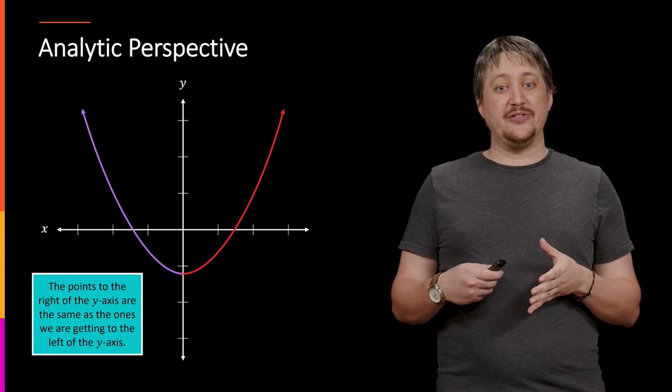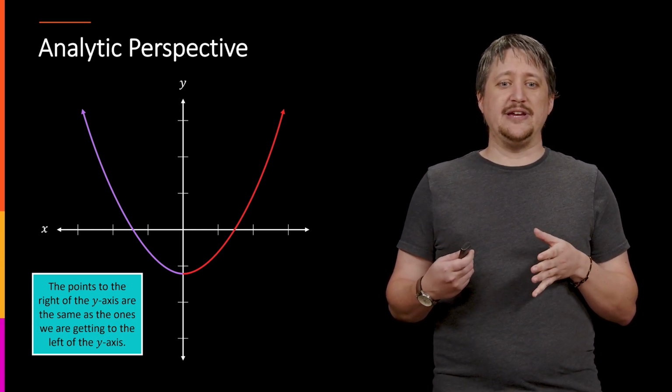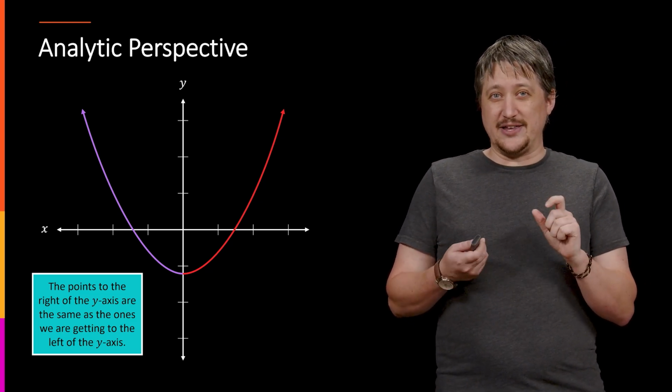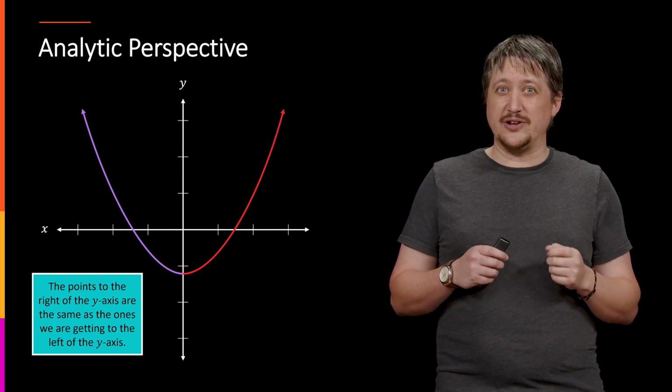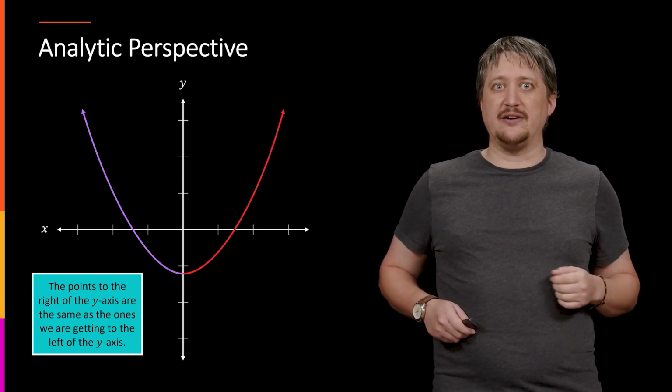So the points to the right of the y-axis are the same ones as we would get going to the left of the y-axis, ignoring the fact that the x value would switch. So the y value going to the right is the same as the y value going to the left.